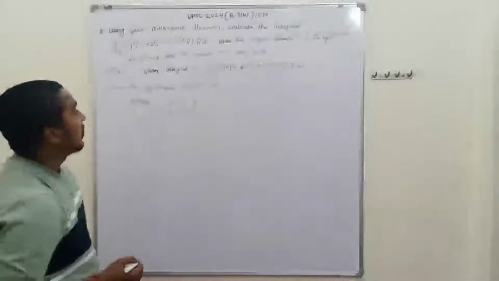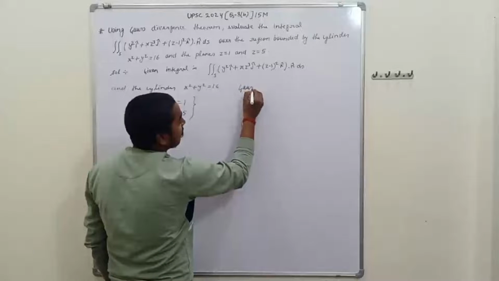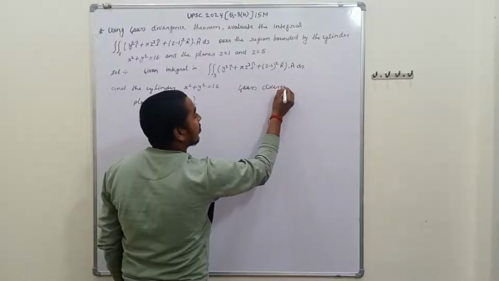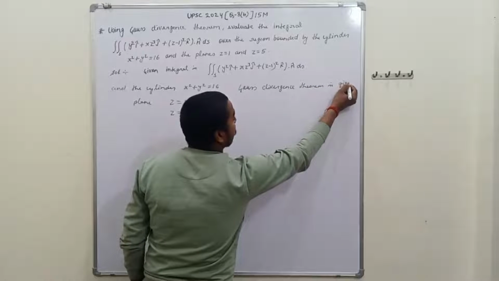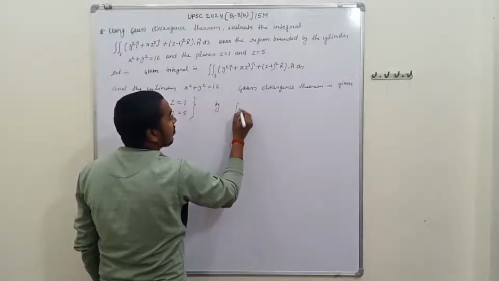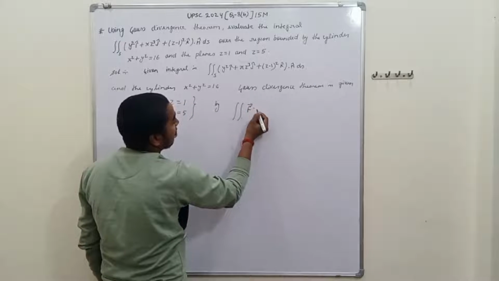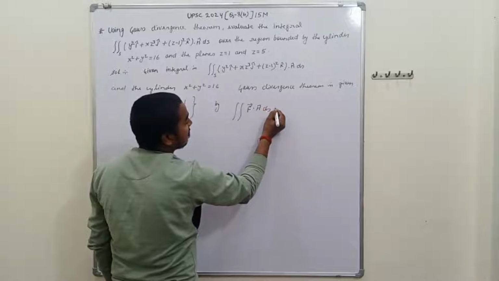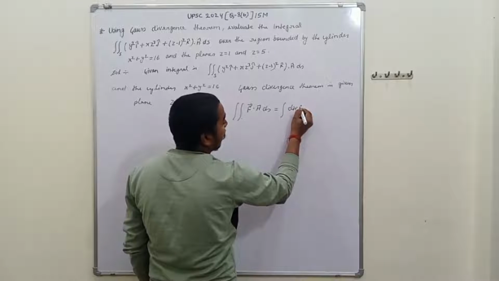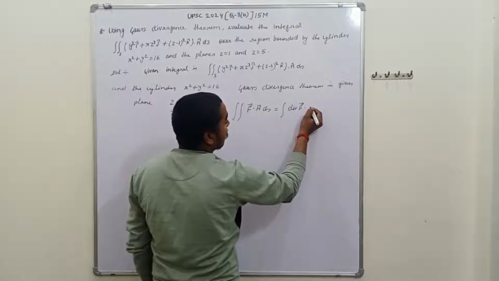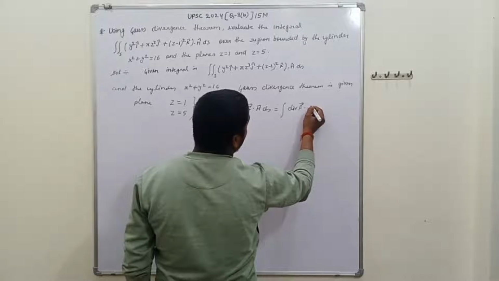We have to use Gauss divergence theorem, and the Gauss divergence theorem is given by the double integration of F vector dot n cap dS is equal to the triple integration of divergence of F dV.